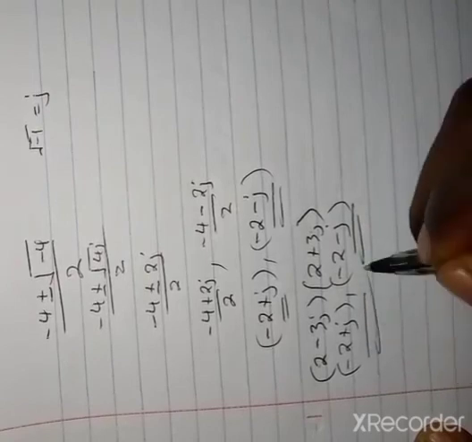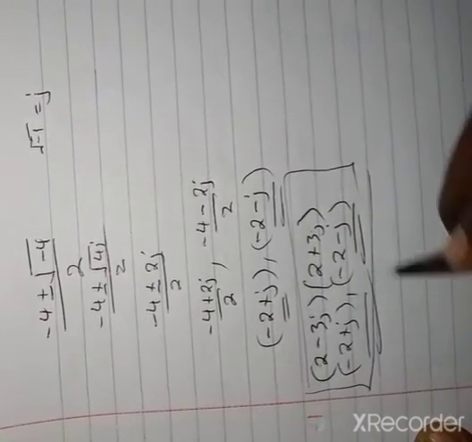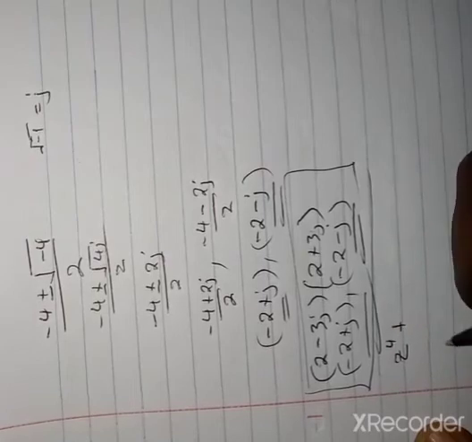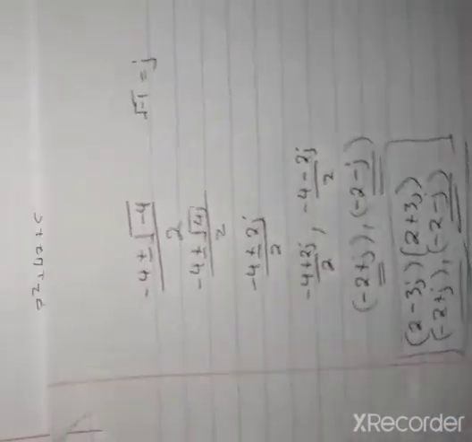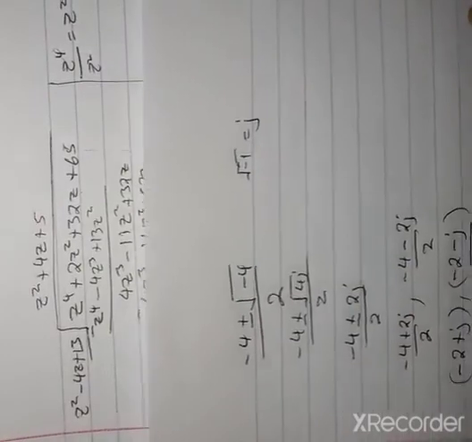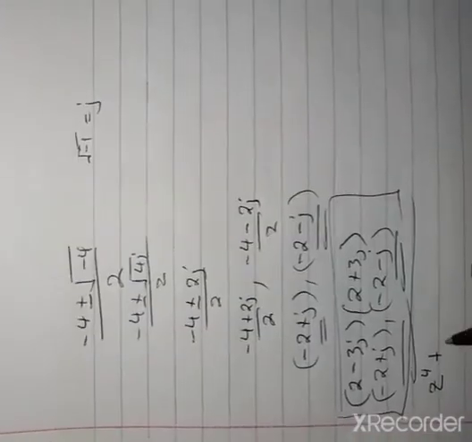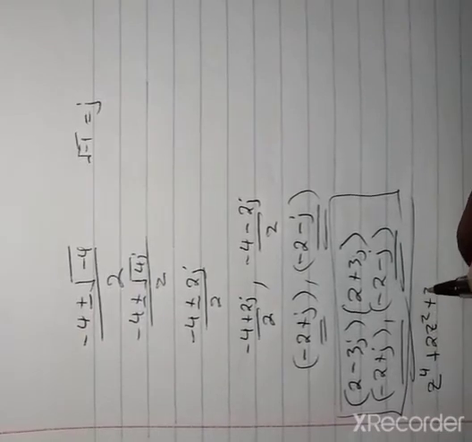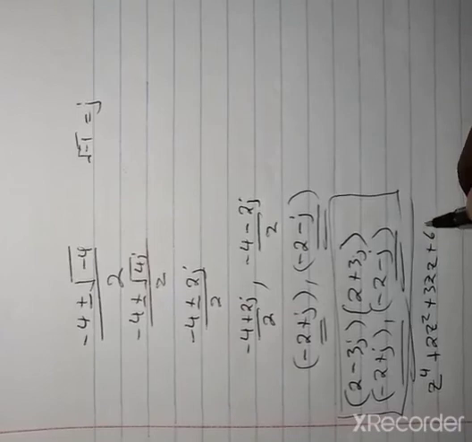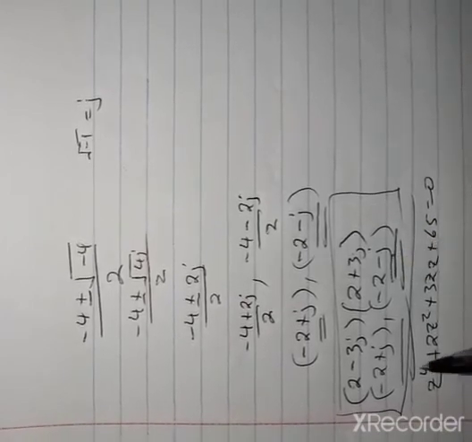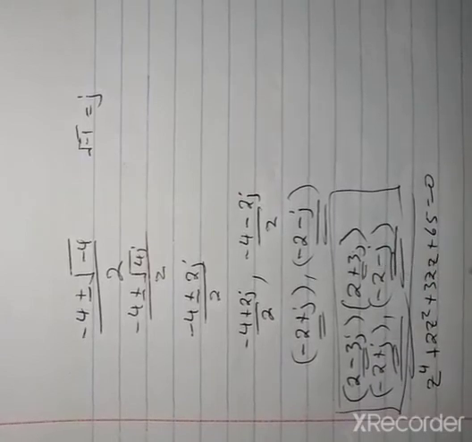So these are all the roots to our equation, z to the power 4 plus 2z squared plus 32z plus 65 is equal to 0. So the roots to this equation are the ones that we have established.